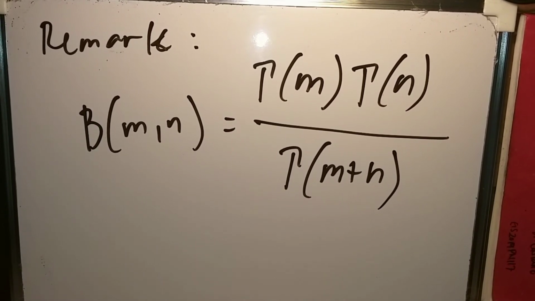We have a remark regarding the beta function. We can evaluate the beta function using the gamma function by this equation: the beta of m, n is equal to the gamma of m times the gamma of n divided by the gamma of m plus n.